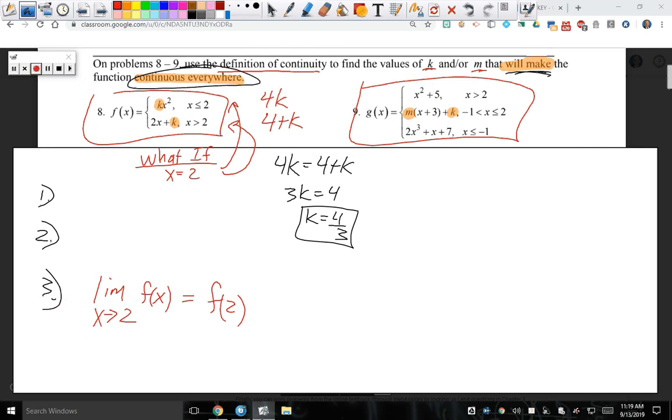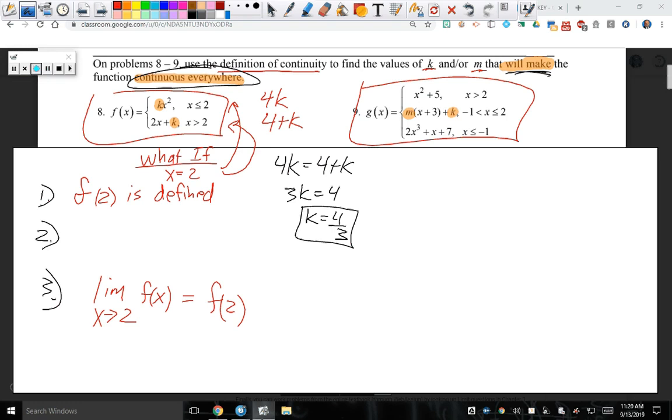Now when we go back up, 1 and 2, it doesn't matter what order you do them, but they both have to be true. So let's go back up and say f of 2 is defined. And technically, this is the way I want you to do it on the test. Technically right now, what is f of 2 as it sits right now?